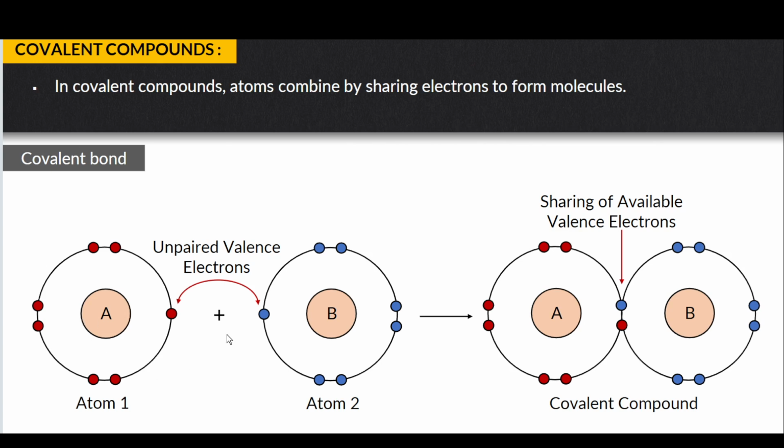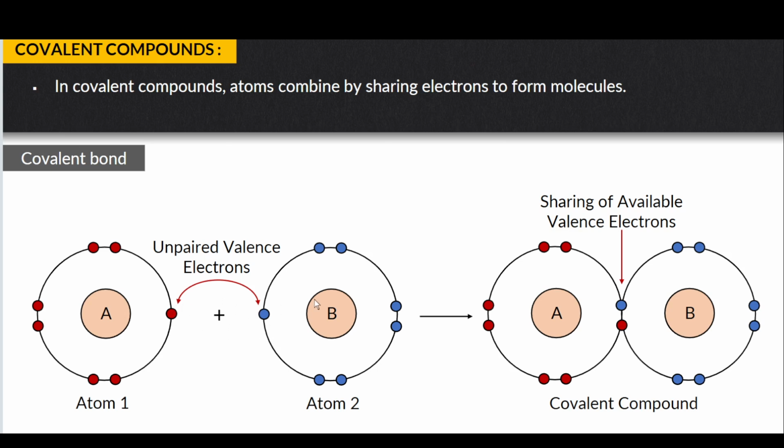So when A combines with B, they share electrons. These two electrons, this one and this one, are shared by both atoms. Why? Because both of them require one more electron to become stable. Atom A or atom 1 has 7, atom 2 also has 7, so they both require 1.